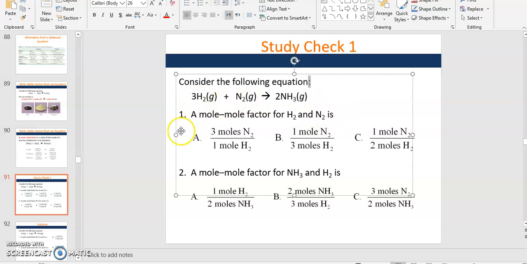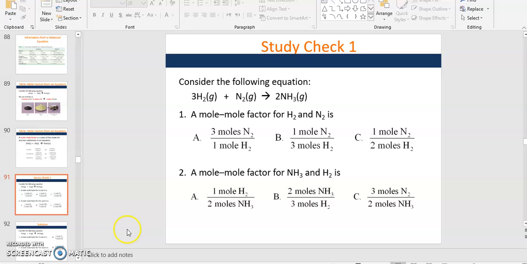So we try to find 3 hydrogen. This one has 1 mole of hydrogen, so we cross it, we don't need it. This one has 3 moles of hydrogen. This one has 2 moles of hydrogen, we cross it. So we have to check also the nitrogen. The nitrogen here is 1, so B is the answer.